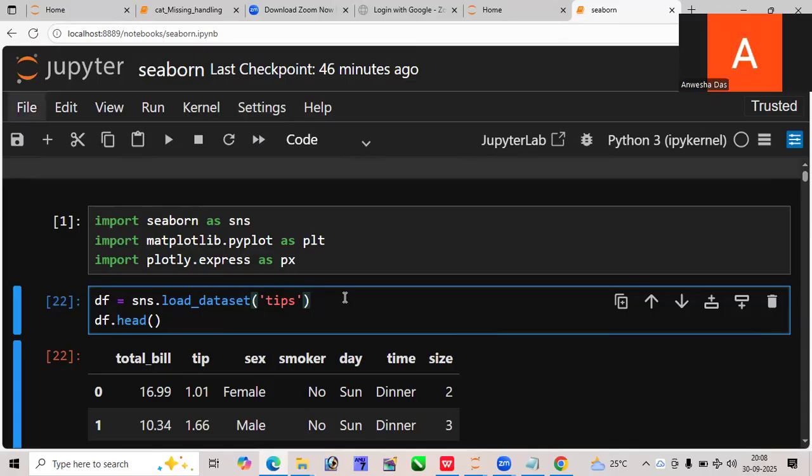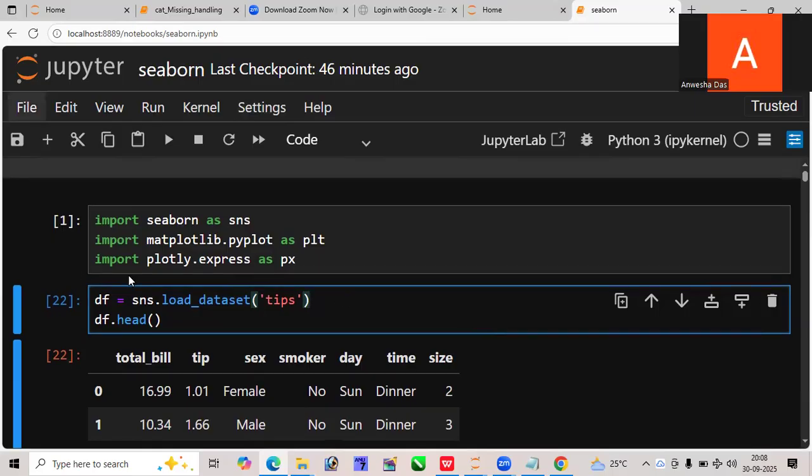I simply chose one dataset, that is tips, and I just loaded that dataset. So it is very easy. We don't have to use a CSV file. We don't have to read an Excel file. Just from Seaborn, I loaded the tips data.